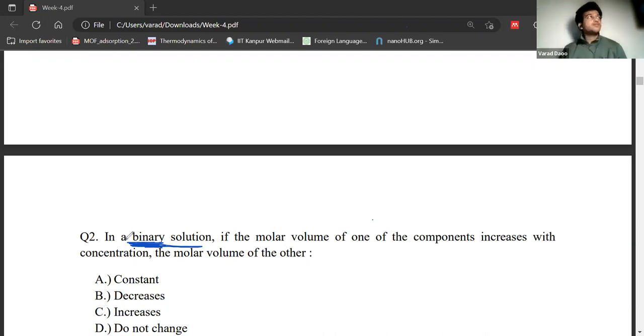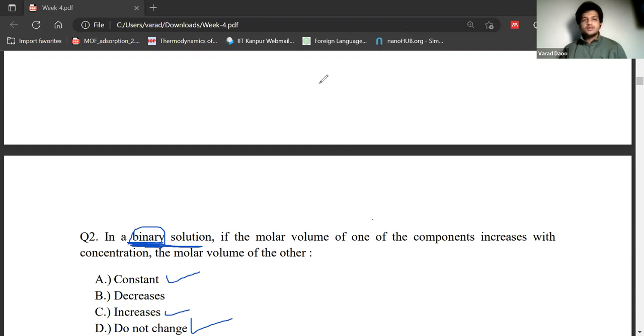We use binary because it's easier to do the calculation, whereas whatever concept we use for a binary mixture can be applied to ternary, quaternary or multi-component mixtures as well. So in a binary solution, if the molar volume of one of the components increases with concentration, the molar volume of the other: does it decrease, remain constant, increase, or not change?